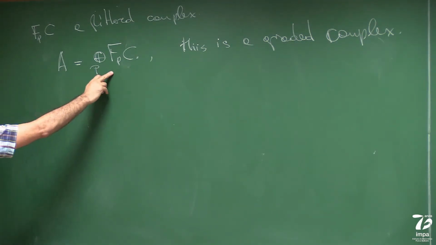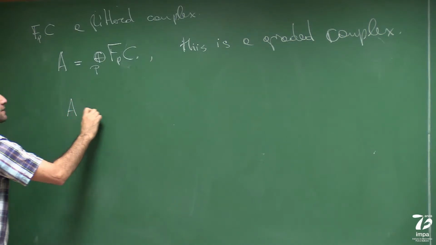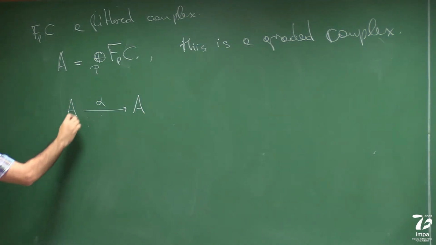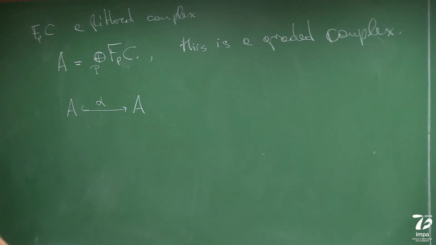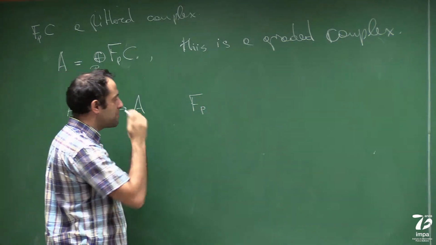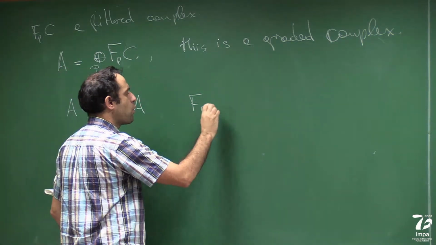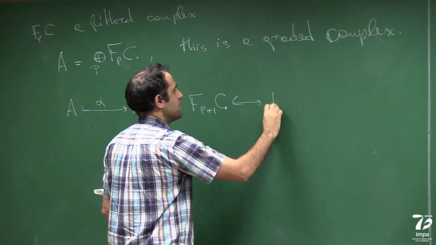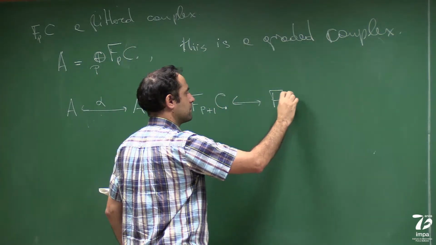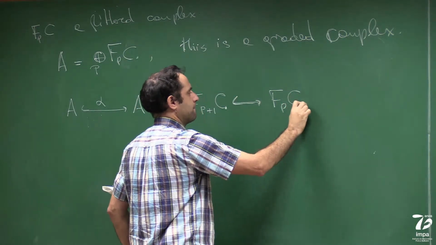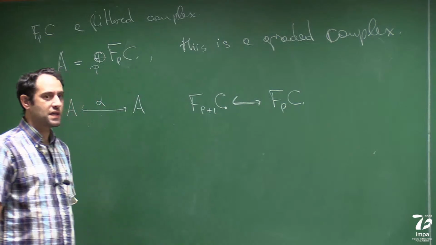But now, this guy has a natural alpha, which is injective to itself, which what it does is it sends the F^(p+1) part of C to the FP of C. Which is just the inclusion.